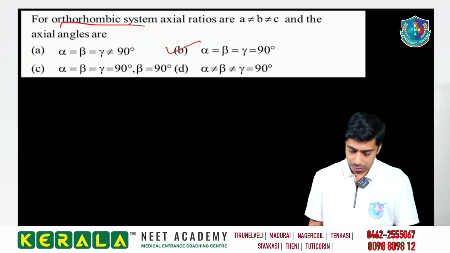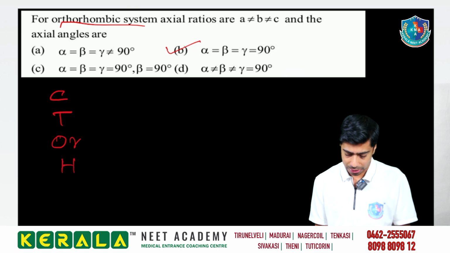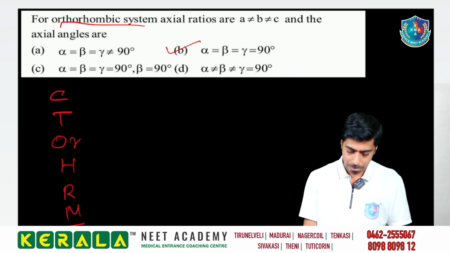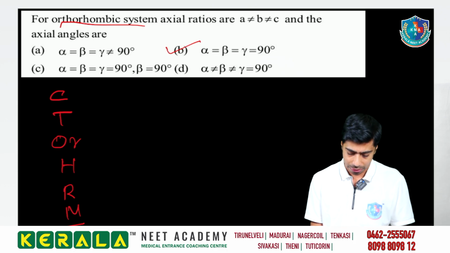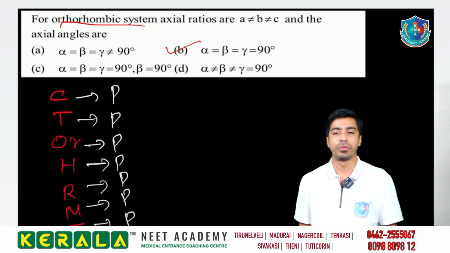Now in case of cubic, tetragonal, orthorhombic, hexagonal, rhombohedral, monoclinic and triclinic. First of all we'll see the case of primitive. All these systems can have a primitive pattern of arrangement. That means in cubic, tetragonal, orthorhombic, in all these systems the primitive pattern of arrangement is possible.